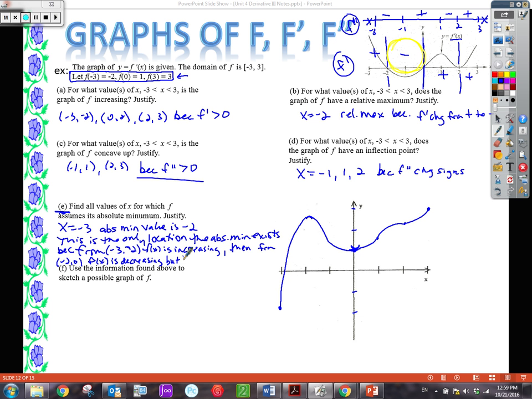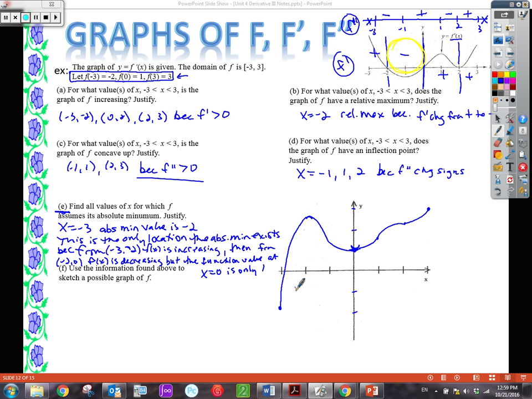But the function value at x equals 0 is 1. It doesn't get lower than 1, or is 1. You don't say only, is 1.